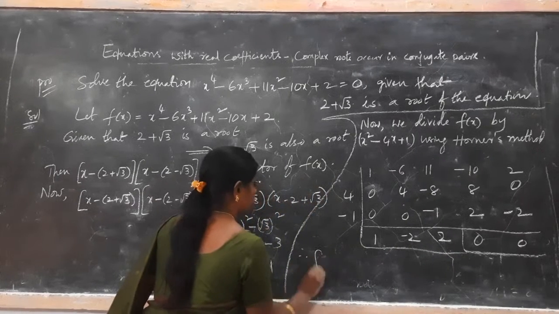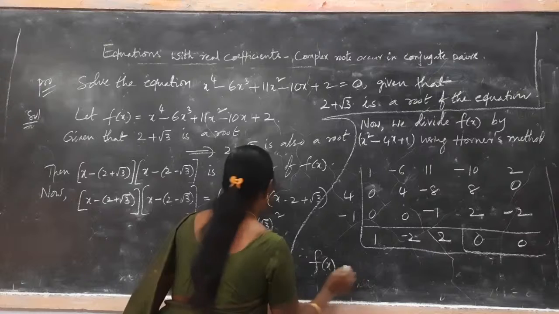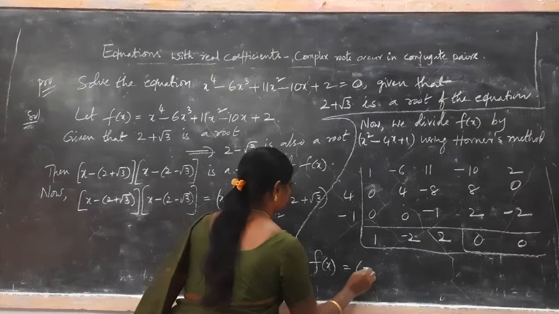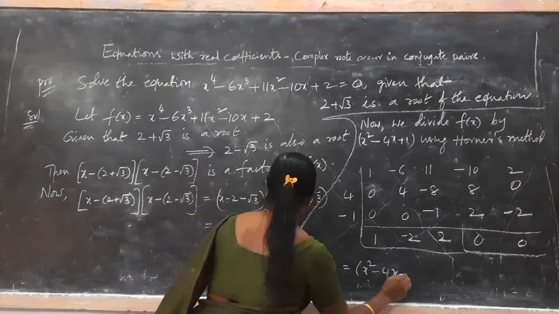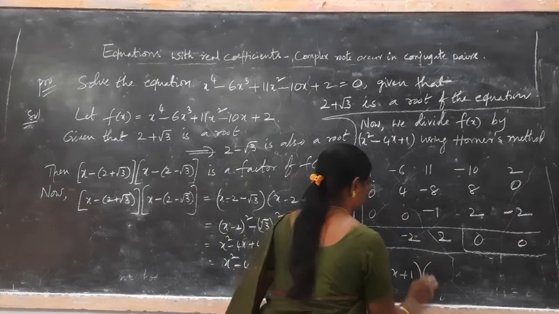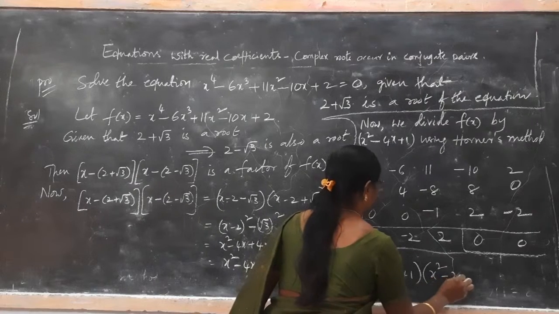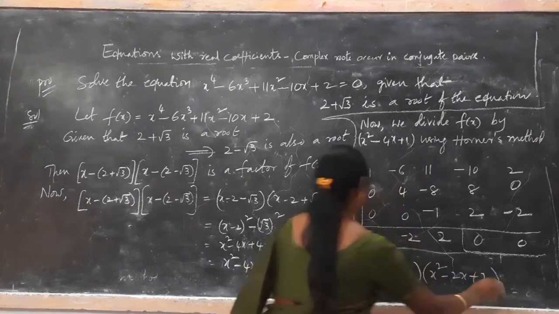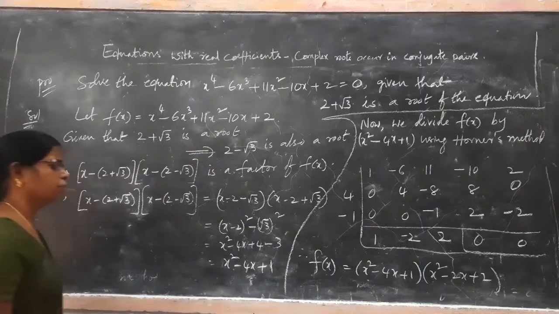Therefore fx is equal to ఒక ఫ్యాక్టర్ ఏంటి x square minus 4x plus 1. ఇంకో ఫ్యాక్టర్ ఏంటి ఇది డివిజన్ చేస్తే వచ్చింది ఏంటది x square minus 2x plus 2. ఓకే, ఈ విధంగా డివిజన్ చేసాం.